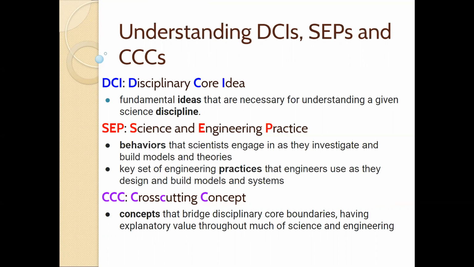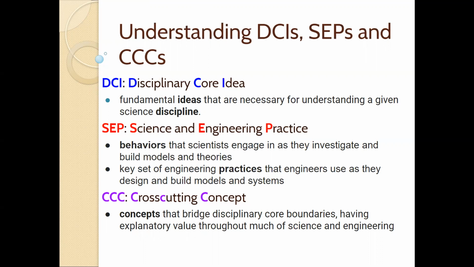SEPs are science and engineering practices, behaviors that scientists engage in as they investigate and build models and theories about the world around them. Cross-cutting concepts bridge disciplinary core boundaries, bridging different subjects together: practices or concepts that apply to multiple branches of science and engineering and even math.